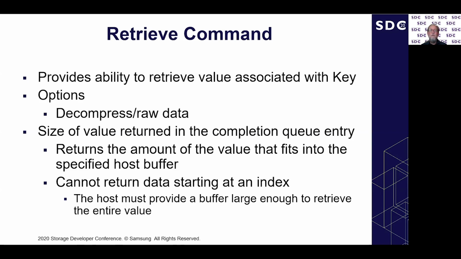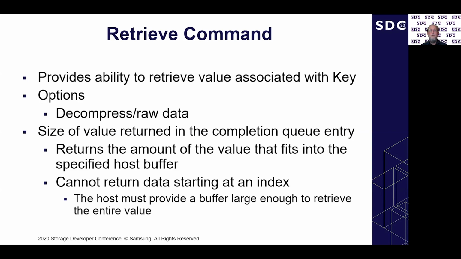The size of the value is returned in the completion queue entry. Now what this means is, assume that I have a 7K byte value stored with the key. I do two things with that.